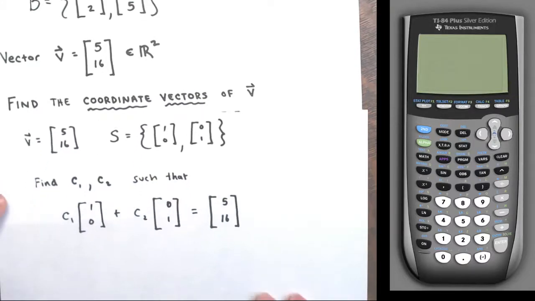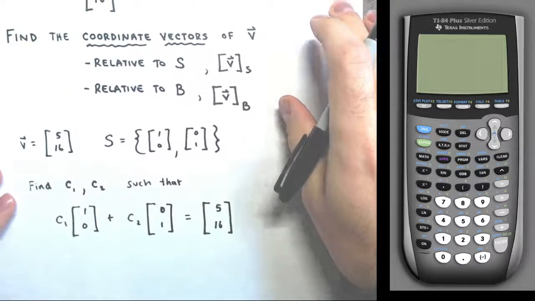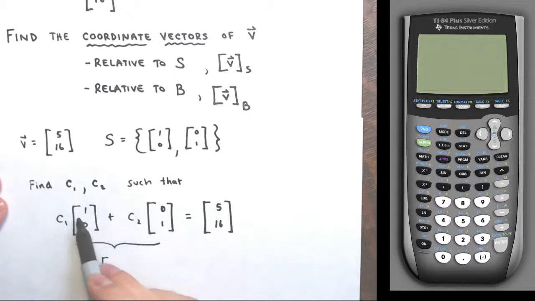These are all nice vectors from R2, so scalar multiplication and vector addition are very simple. If you do the scalar multiplication and vector addition, this would be C1 plus 0 times C2, so C1 in the first component, and 0 times C1 plus 1 times C2, so C2 in the second component.